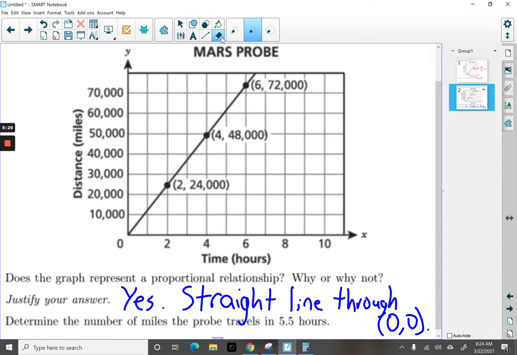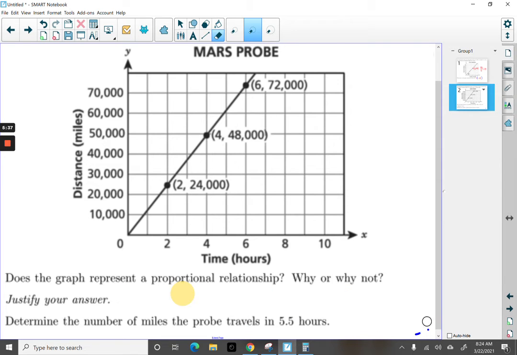Second part of this problem, looking at this, determine the number of miles the probe travels in 5.5 hours, sorry. So we have some information in this problem that we need to look at here in order to solve this. The first thing I would want to find is the unit rate in this problem.